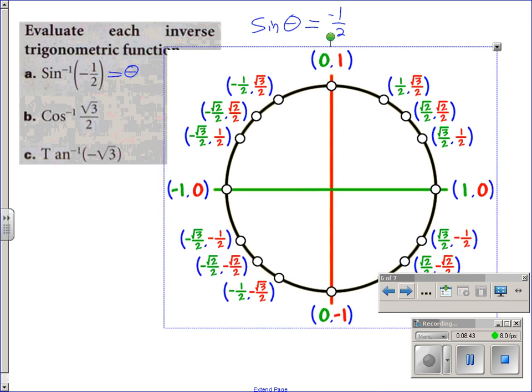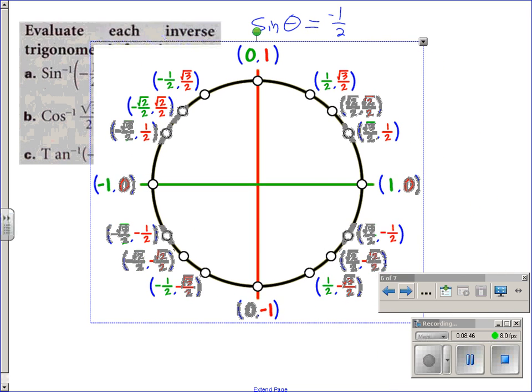I'm looking for an angle measurement that when I take the sine of it, it gives me negative 1/2. Because it's an inverse sine that we are solving, we are only dealing in quadrants 4 and 1. So on the unit circle, sine is the y-coordinate, so I'm looking for an angle that has a y-coordinate of negative 1/2, and that's right here.